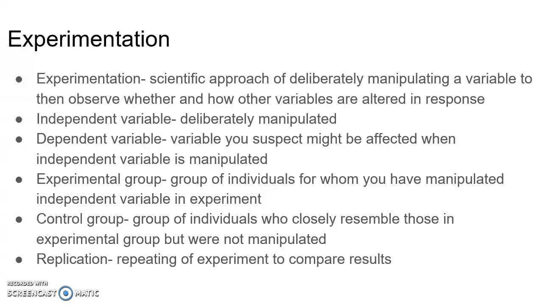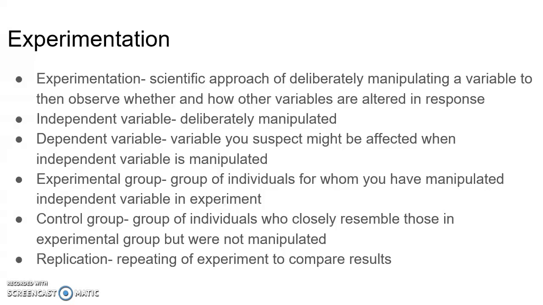The experimental group is a group of individuals for whom you have manipulated the independent variable in the experiment. In other words, they're the people being experimented on. The control group is the group of individuals who closely resemble those in the experimental group, but were not manipulated. In other words, they are the people who were not experimented on and can be used as a comparison to note differences and similarities.